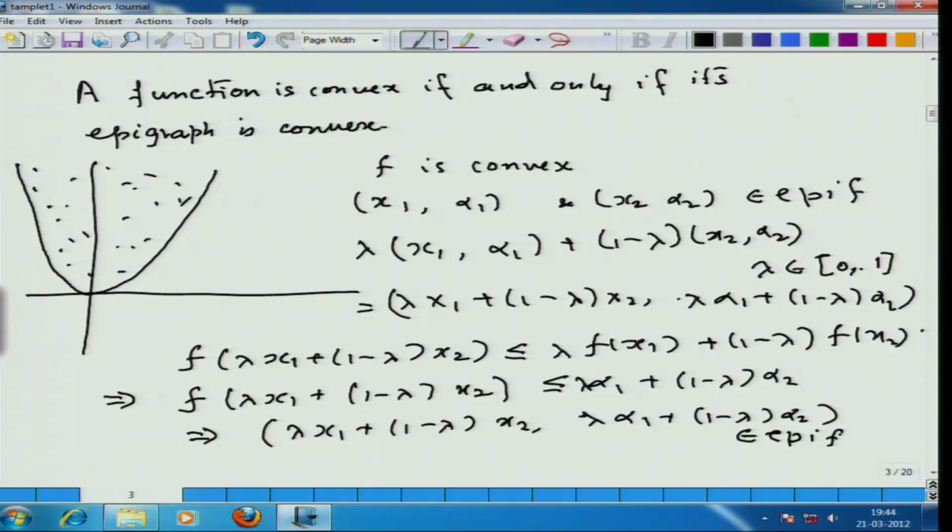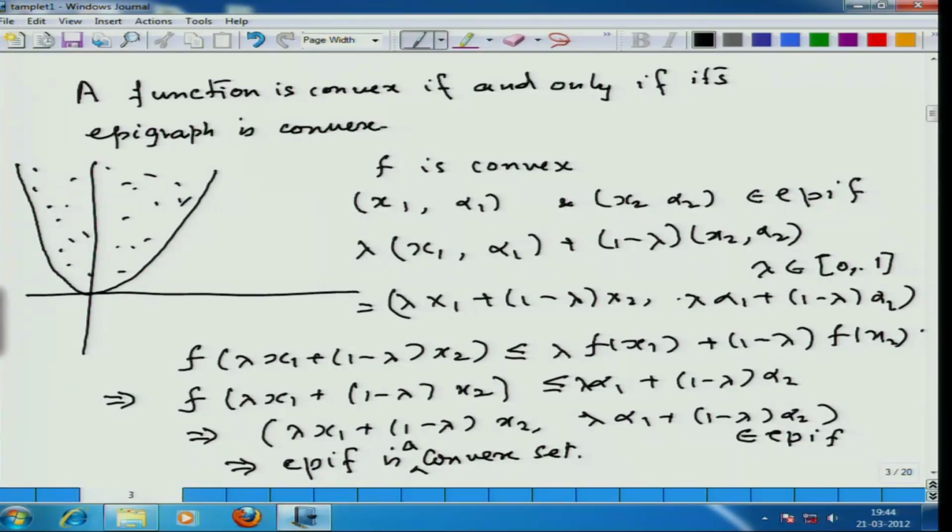So, I have taken two arbitrary elements from the epigraph and showed that their convex combination lies in the epigraph, which proves that epi f is convex, or is a convex set, to be more precise.